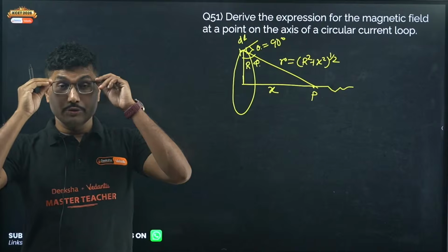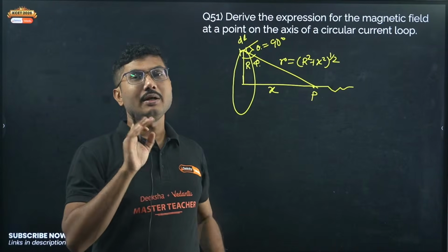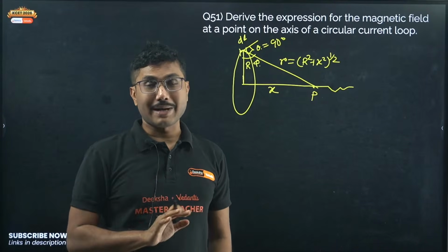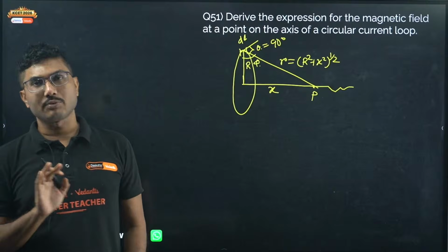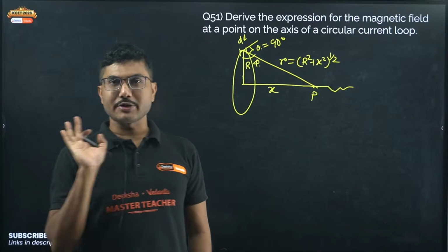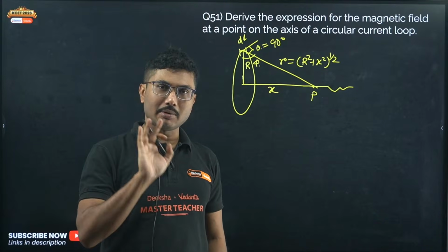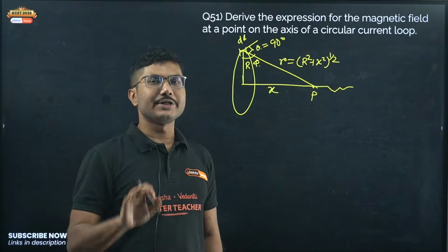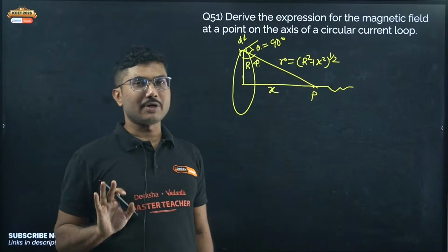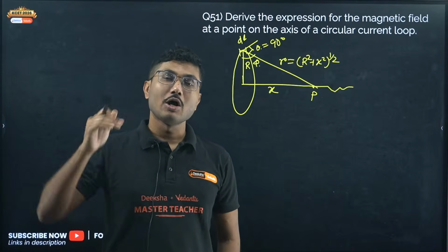That varies from subject to subject. I can tell you only about physics. From physics, maximum up to 35 marks came in the last few years.